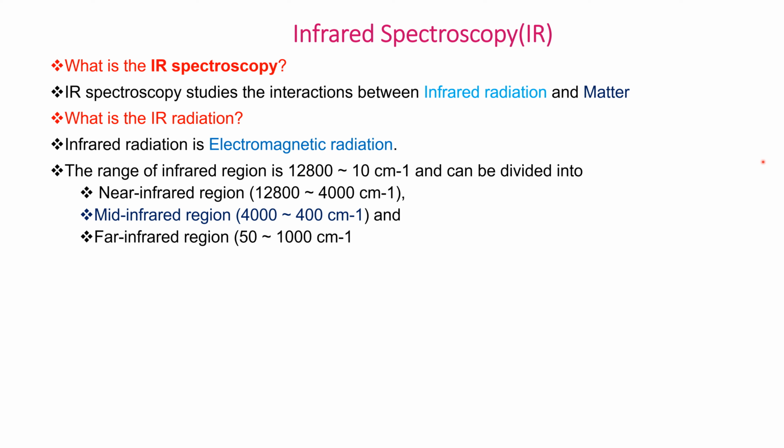IR radiation is electromagnetic radiation and its range is 12,800 to 10 cm inverse, and it can be divided into near infrared region, mid infrared region, and far infrared region. To discuss IR spectroscopy, we will usually use the mid infrared region.